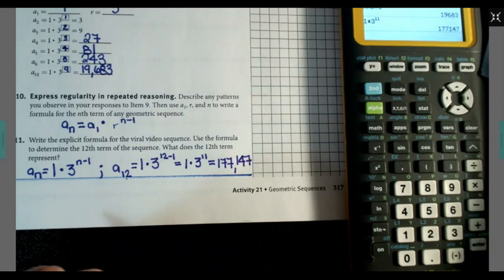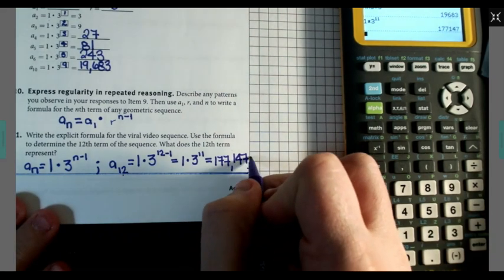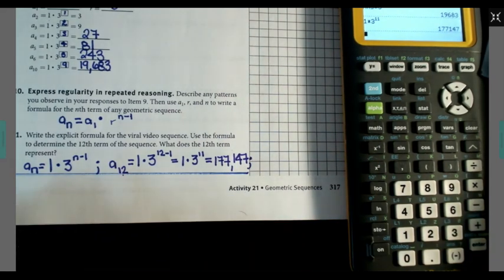Now my next part of the question asks, what does it mean in the context of this viral video? What does that 12th term mean? What did the 3 and the 9 and the 27 and the 81 represent?